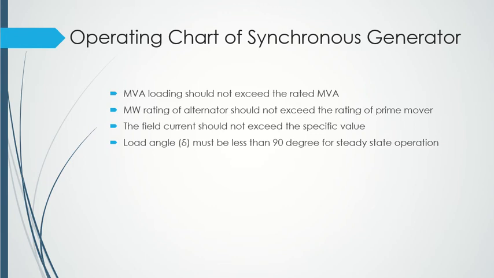If your power factor is lagging and your terminal voltage is decreasing, you will need your field current to come and save you, right? So the field current will be increased in such a case so that at least we can maintain the terminal voltage as it was.